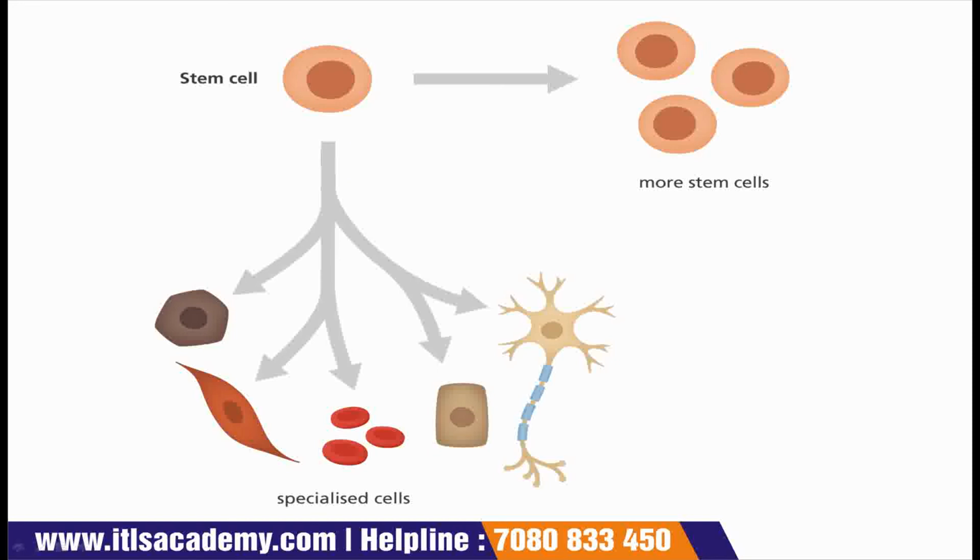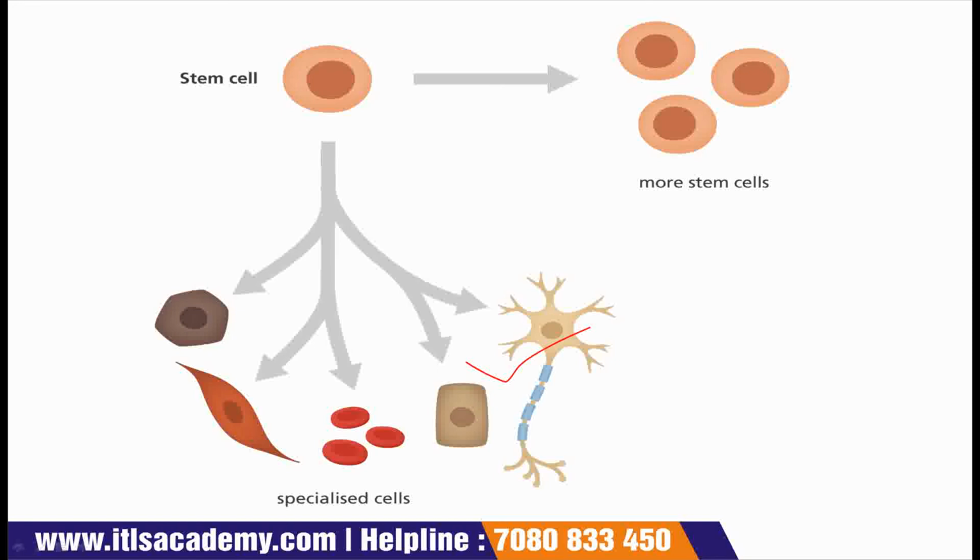You can see this stem cell divides. One stem cell formed is just like the previous or parent stem cell, and another cell formed is a differentiated or specialized cell. After differentiation, stem cells can form various kinds of cells.